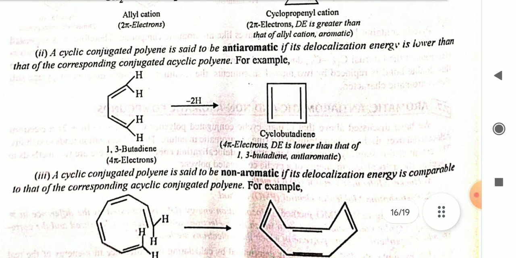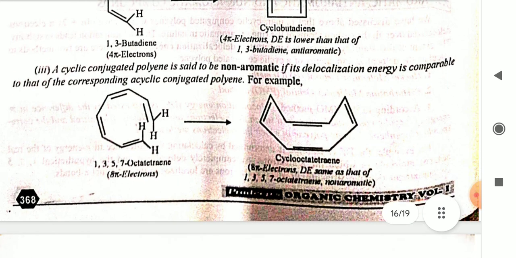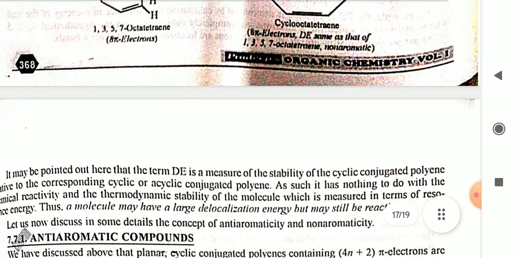Third, a cyclic conjugated polyene is said to be non-aromatic if its delocalization energy is comparable to that of the corresponding acyclic conjugated polyene. 1,3,5,7-octatetraene gives cyclooctatetraene, 8 pi electrons, DE is same as that of 1,3,5,7-octatetraene, non-aromatic.